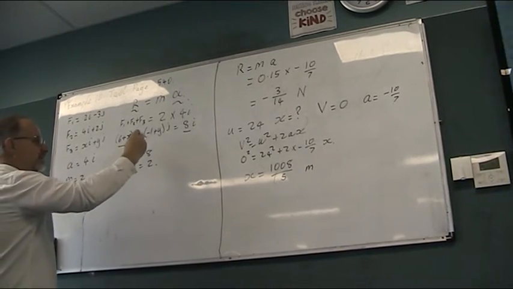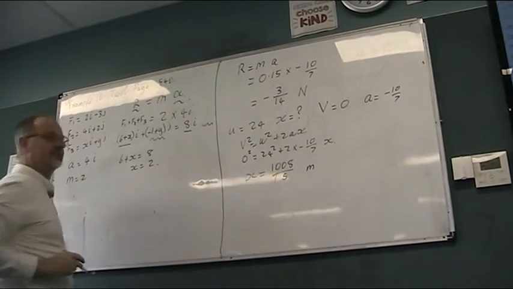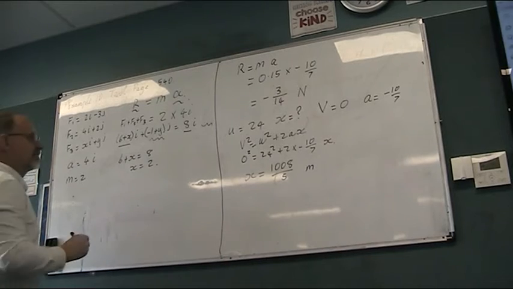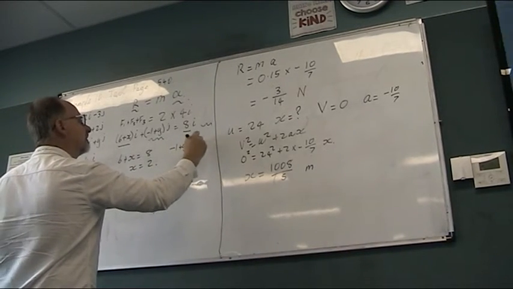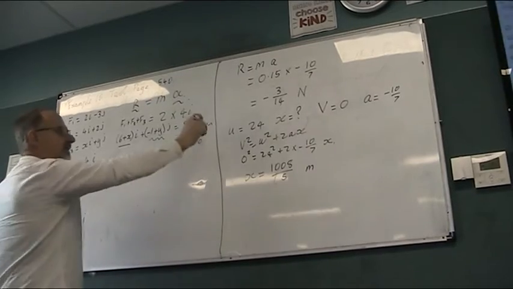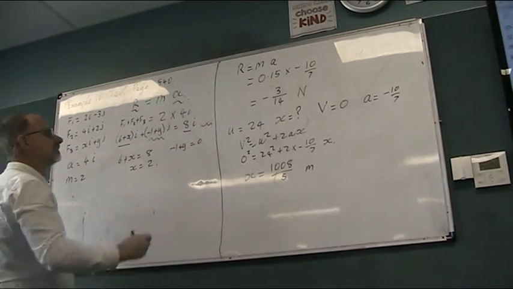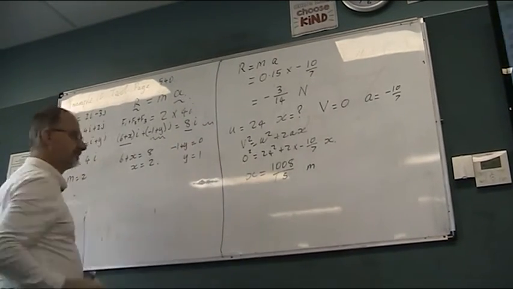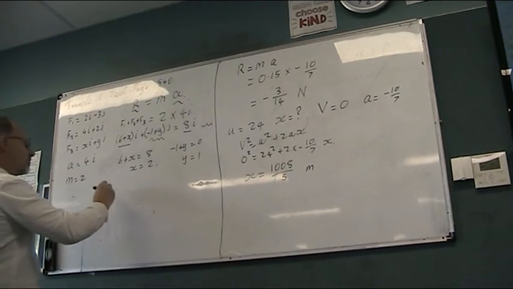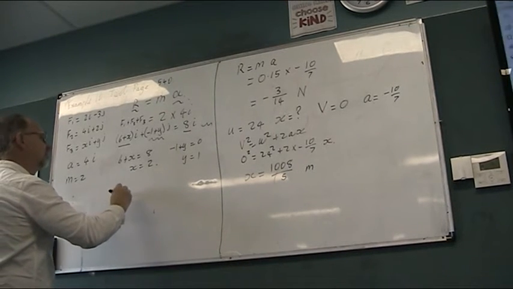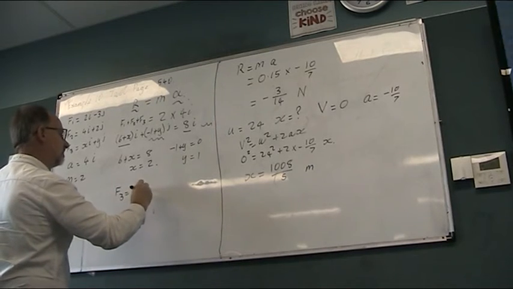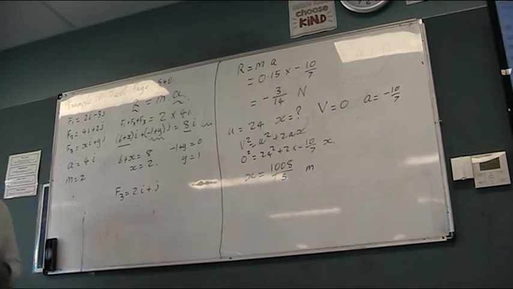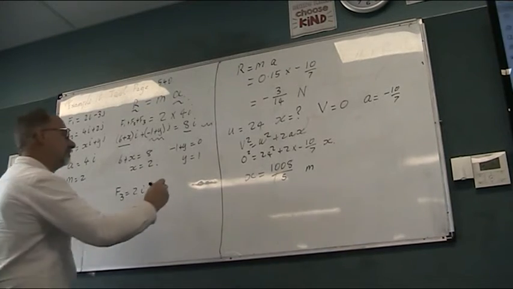For the j component, negative 1 plus y has got to equal 0, because there is no j on the right. So y is equal to 1. Therefore, force number 3 is 2i plus j newtons.